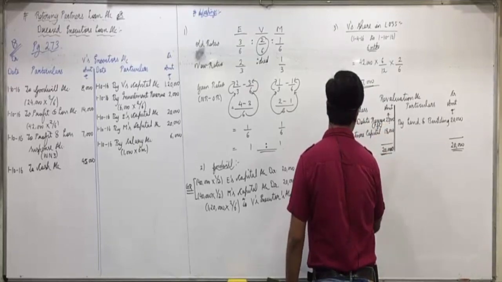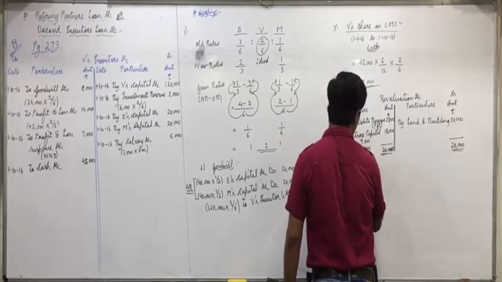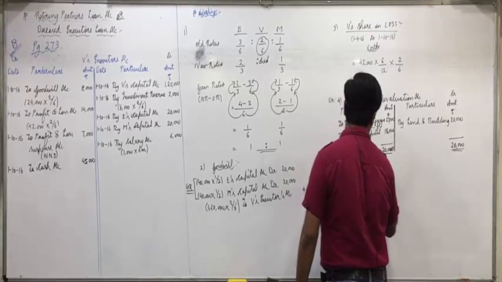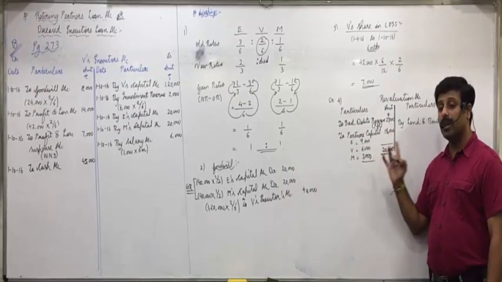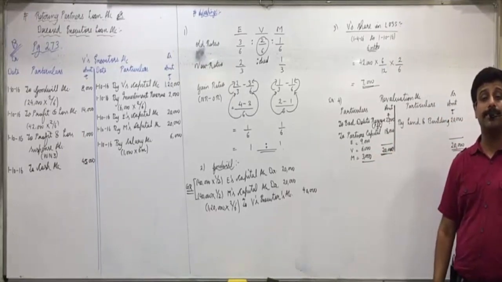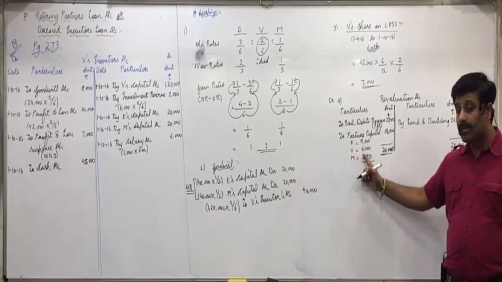So 18,000 into 3 by 6, 9,000; 6,000; 3,000. 18,000 into 3 by 6, 18,000 into 2 by 6, 18,000 into 1 by 6. Any doubts with this?